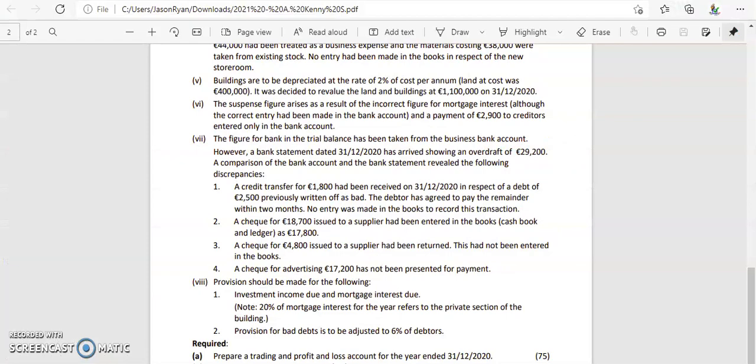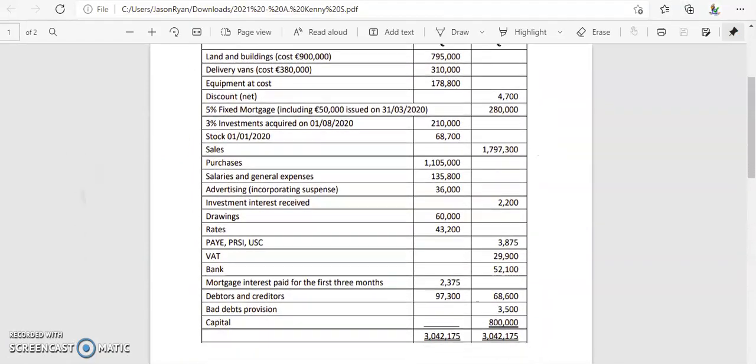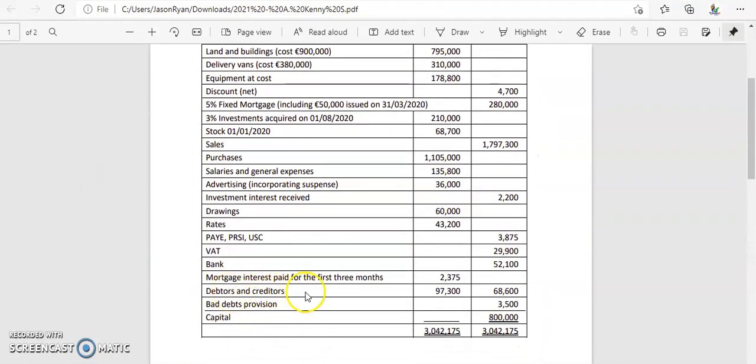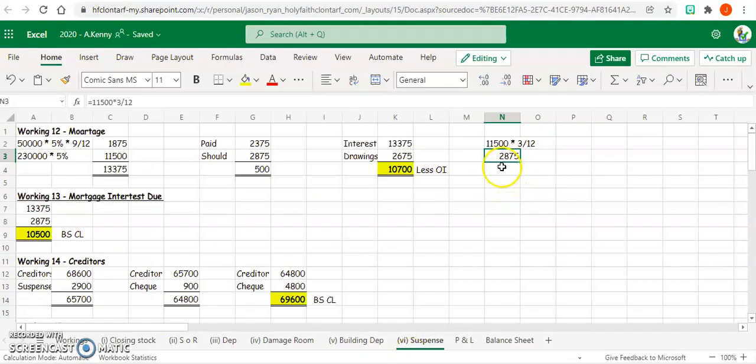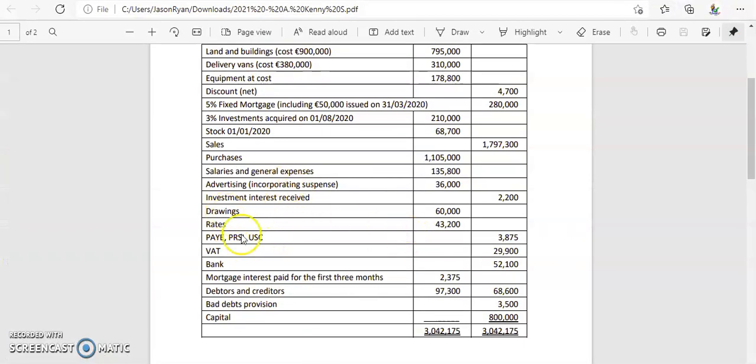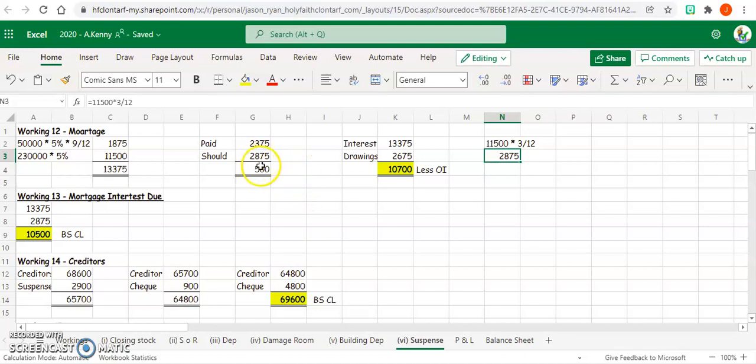If we look at the question, in our trial balance, it says the mortgage interest paid for the first 3 months. So our mortgage interest should have been 2,875. So we paid 2,375, it's coming straight from the question. So we should have paid 2,875.